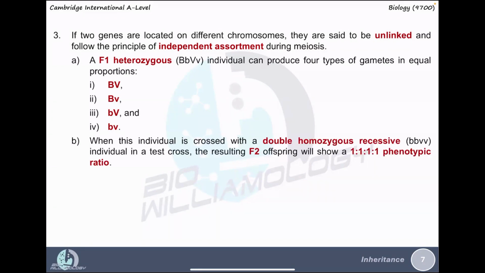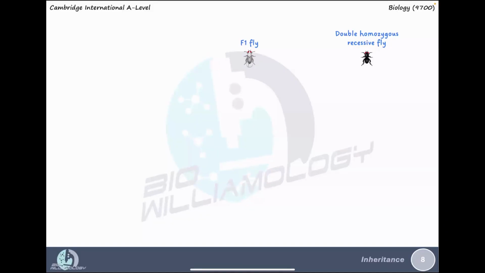So when this individual is crossed with a double homozygous recessive individual in the test cross, the resulting F2 offspring will show a 1:1:1:1 phenotypic ratio. Let us look at how the Punnett square shows us the cross result.